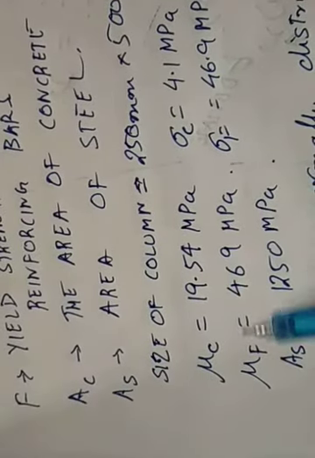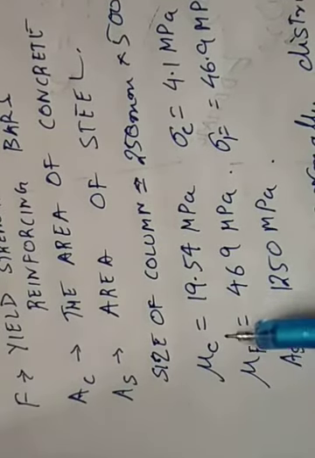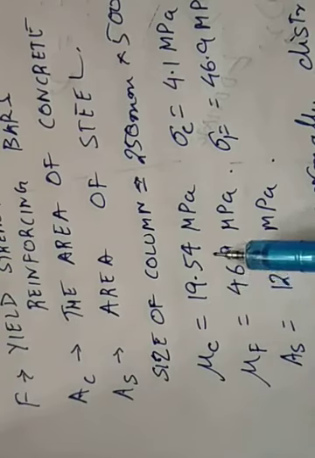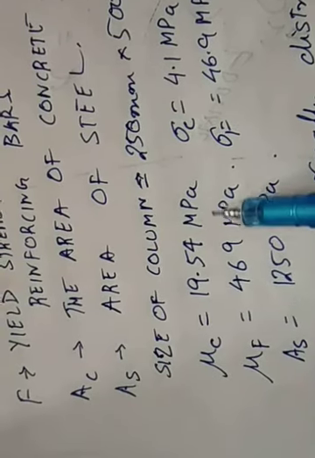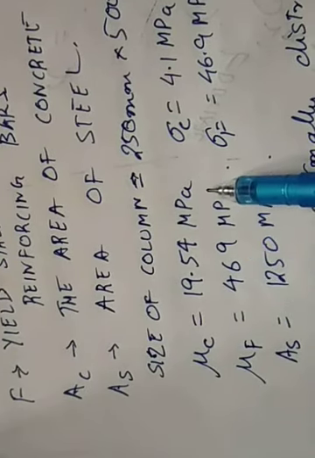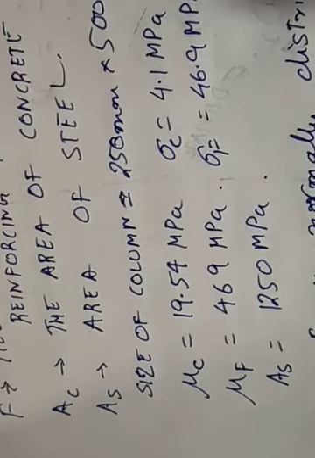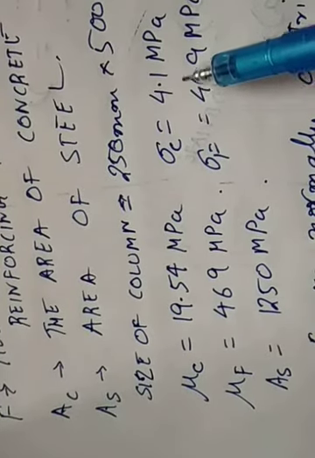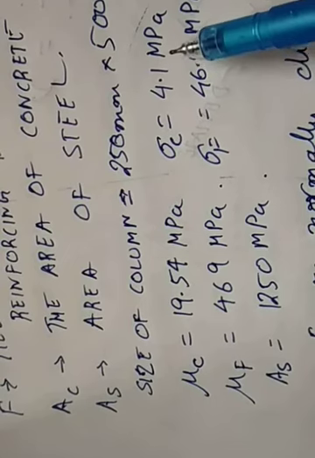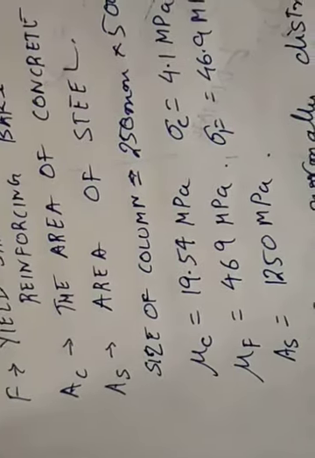What is mu C? The mean cube strength is given as 19.54 MPa. Sigma C, the standard deviation of the cube strength, is 4.1 MPa.